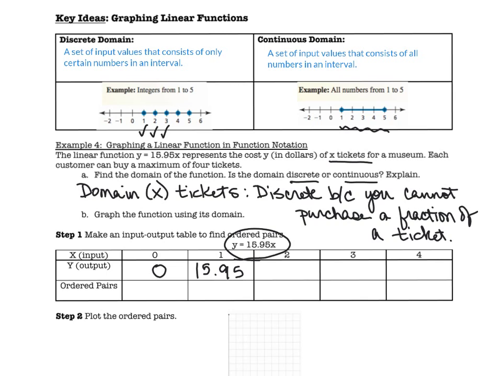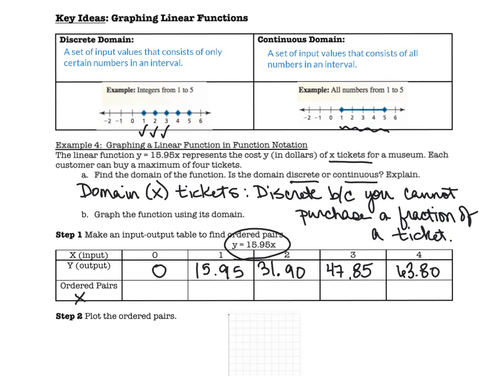If we purchased 2 tickets, you'd multiply by 2 and you would get $31.90. If you purchased 3 tickets, 3 times 15.95, you would spend $47.85. And 4 times 15.95 gives you $63.80.